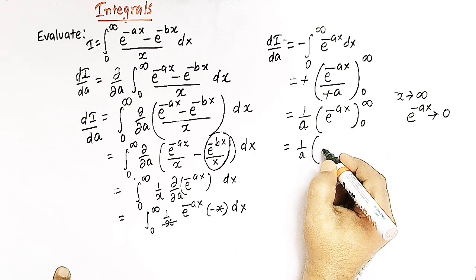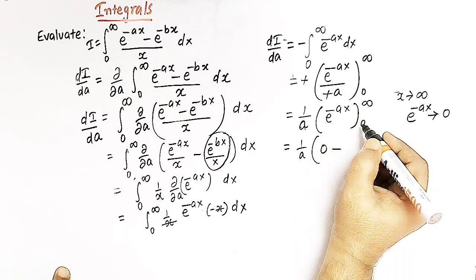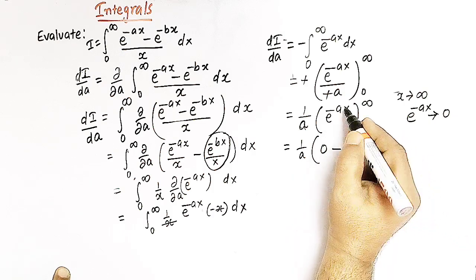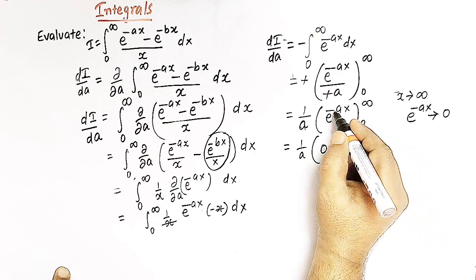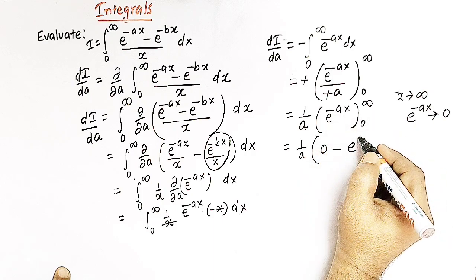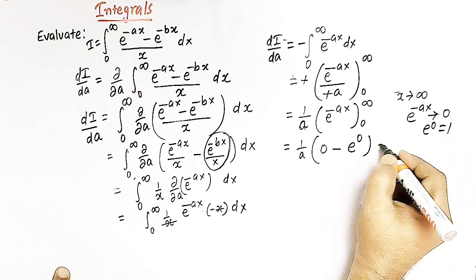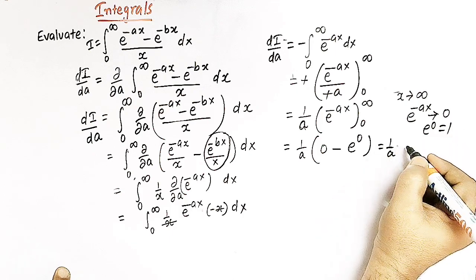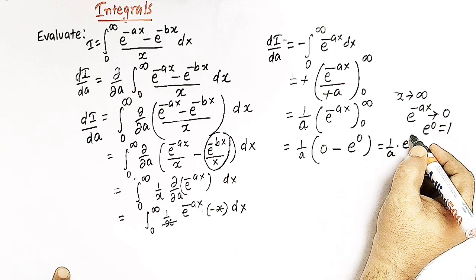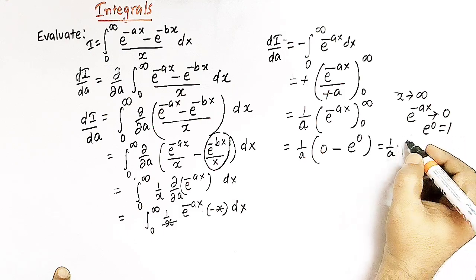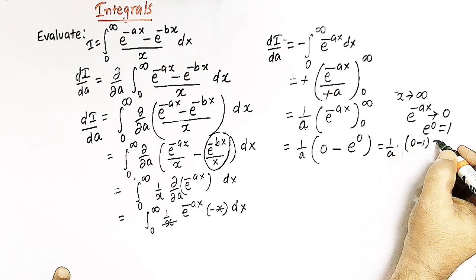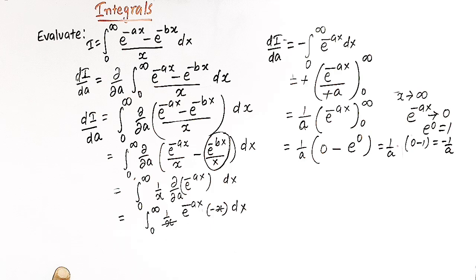So now here we have 0, and then we take x equal to 0. So here we have e raised to minus a times 0, that is e raised to 0, which is 1. So we have 1 over a times (0 minus 1), that is minus 1 over a.